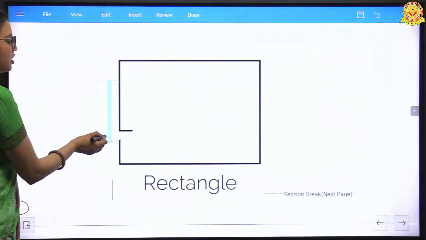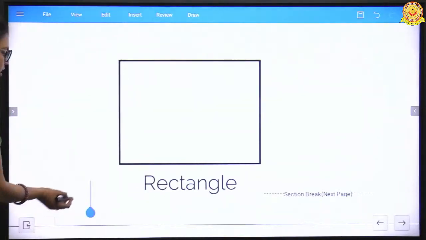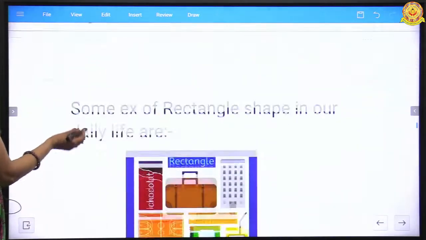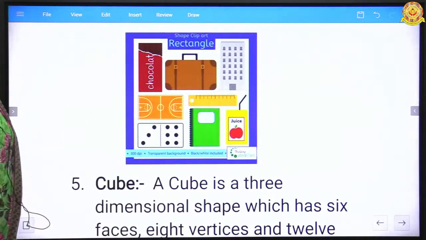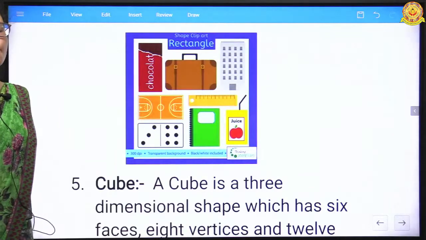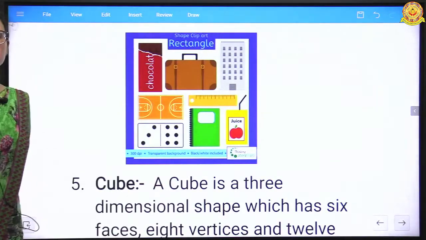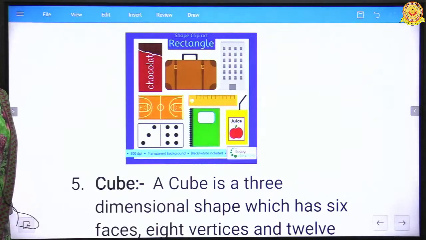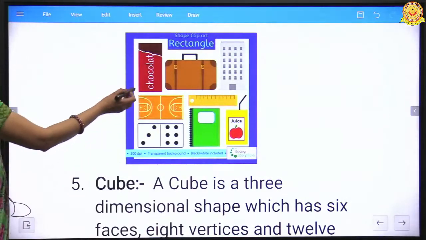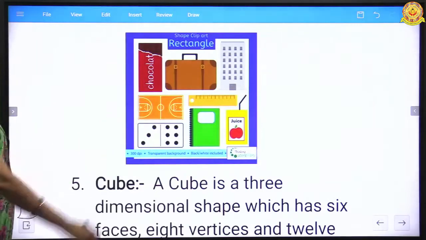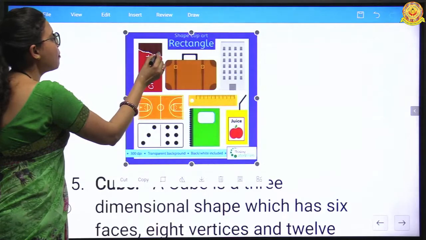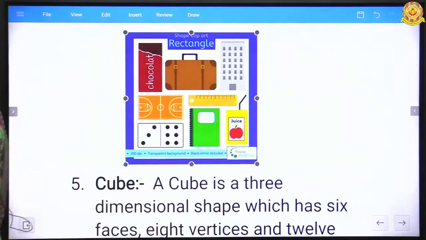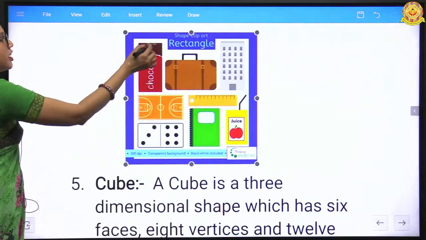Have you ever seen something in a rectangular shape in your life? Just take a look. You have eaten chocolate so many times, but have you ever focused on its shape? It is looking like a rectangle. If you tear off a piece of chocolate, it looks like a square, but the whole chocolate looks like a rectangle.